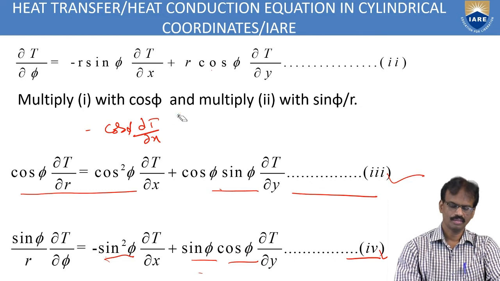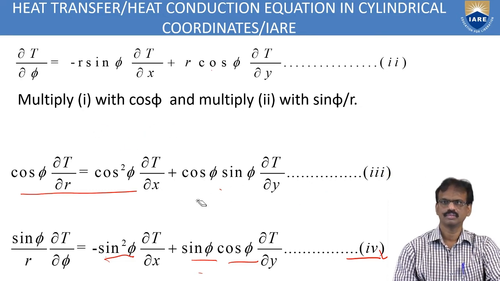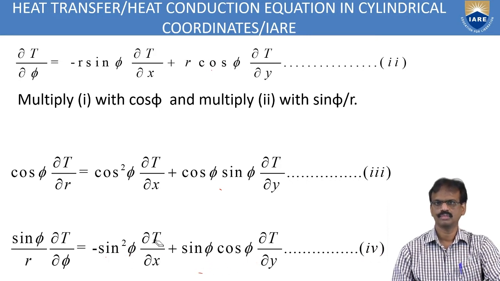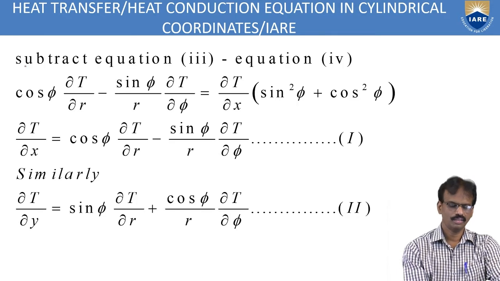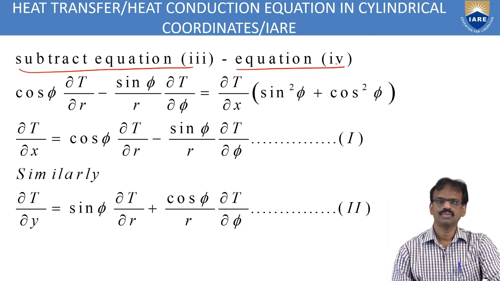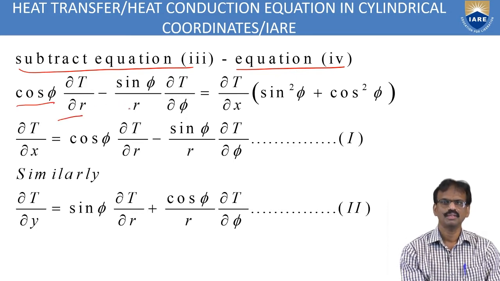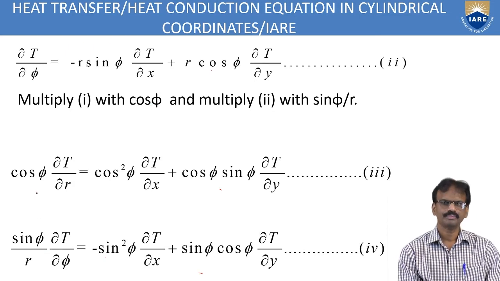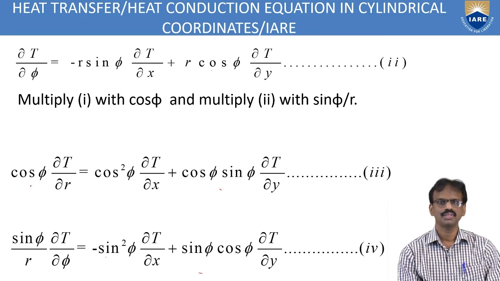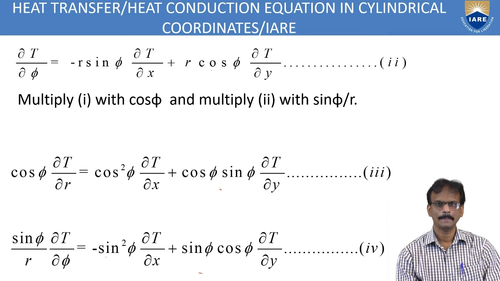Next PPT. So if you subtract equation 4 from equation 3, then we'll get cos phi ∂T/∂r minus sin phi by r into ∂T/∂phi. You observe here: equation 3 minus equation 4 means cos phi ∂T/∂r minus sin phi by r ∂T/∂phi equals cos square phi ∂T/∂x, and minus of minus is plus, so sin square phi ∂T/∂x.